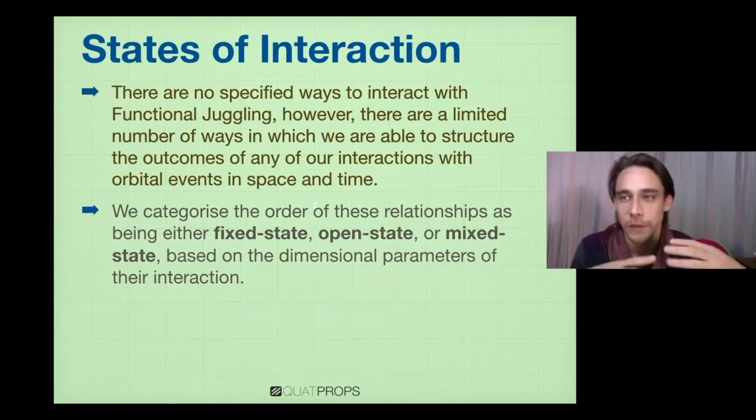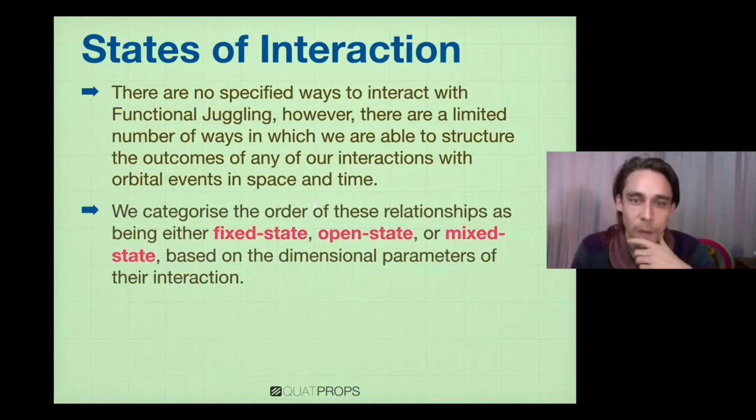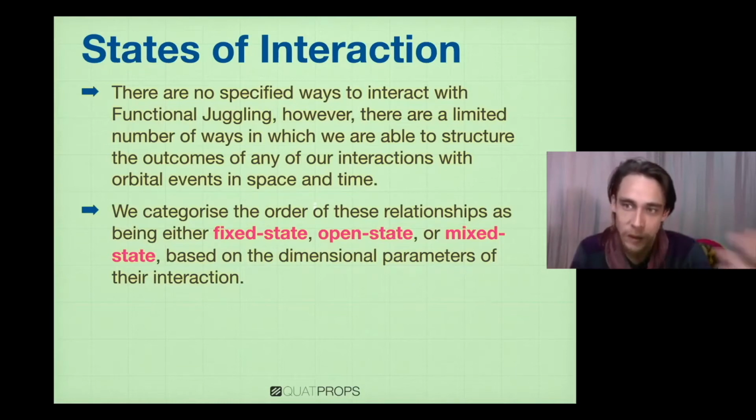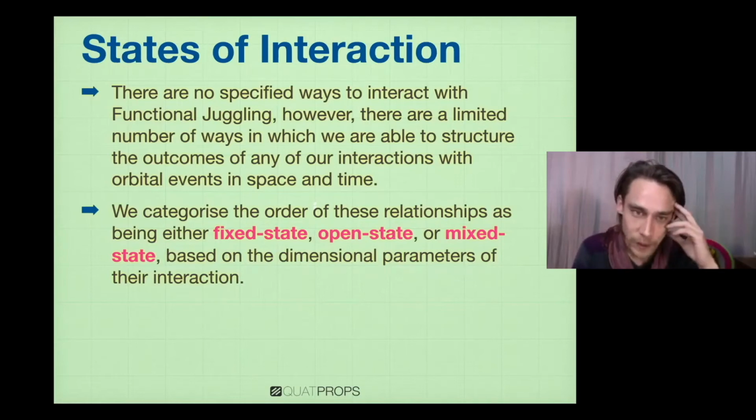Because we need a different system of notation for each of those forms of interaction, we categorize the order of these relationships as being either fixed state, open state, or mixed state, based on the dimensional parameters of their interaction. So each of these represents a different form of interaction, and each of these structures of interaction has different potentials or different limitations. And we're going to take a look at how we notate them and what the different impacts are.